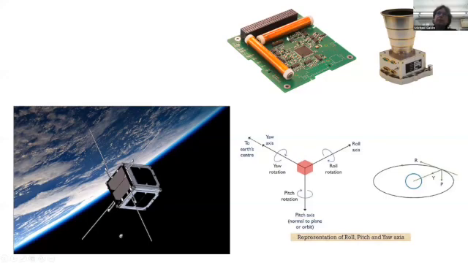Similarly to the torque rods I'm showing here, your simple spacecraft may have a magnetometer on it, which is similar to a torque rod, but instead it's a passive device where you're actually taking measurements of the ambient magnetic field, and that can help you determine your orientation in low Earth orbit.